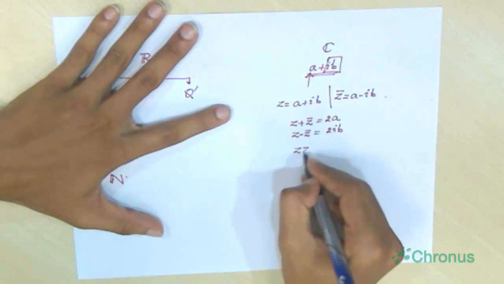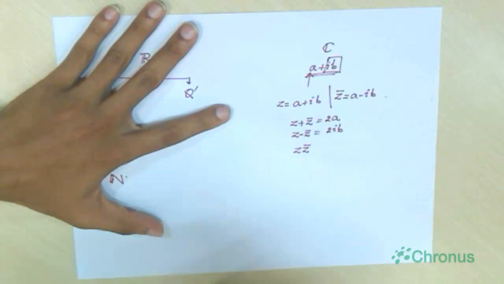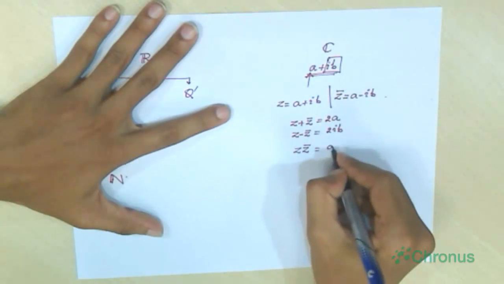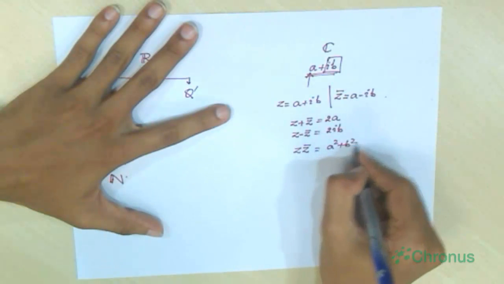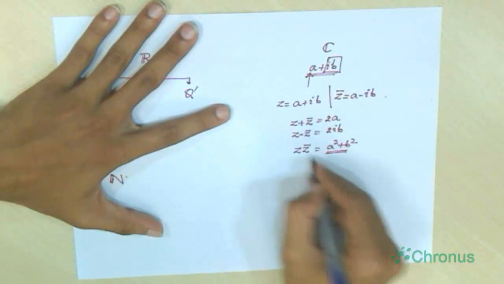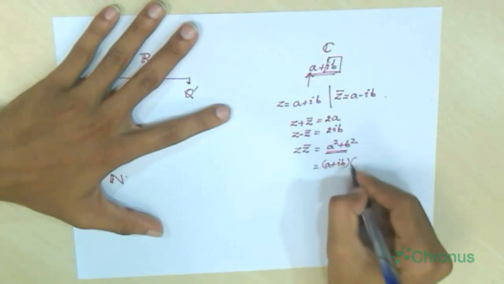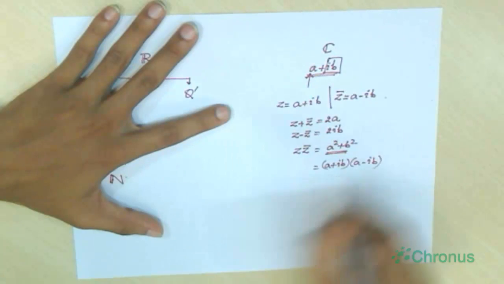And the product of a complex number and its conjugate is the sum of squares, which is a perfect number. Let's see how. Product is a plus ib into a minus ib.